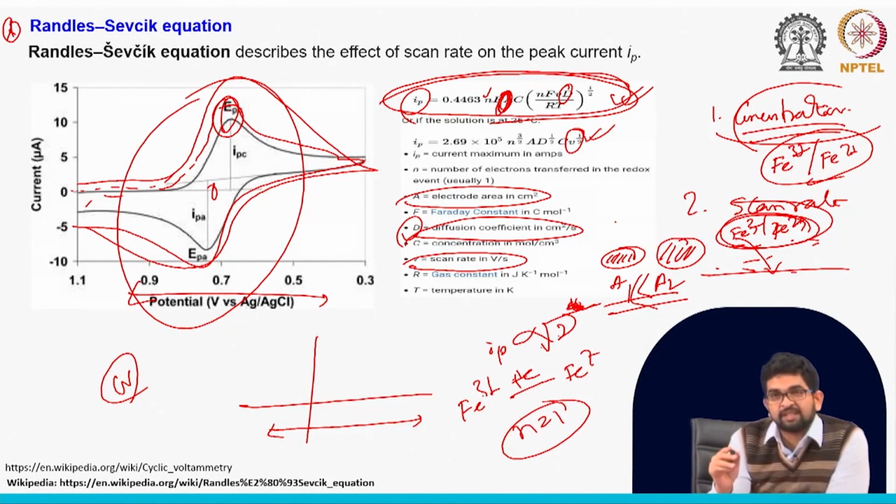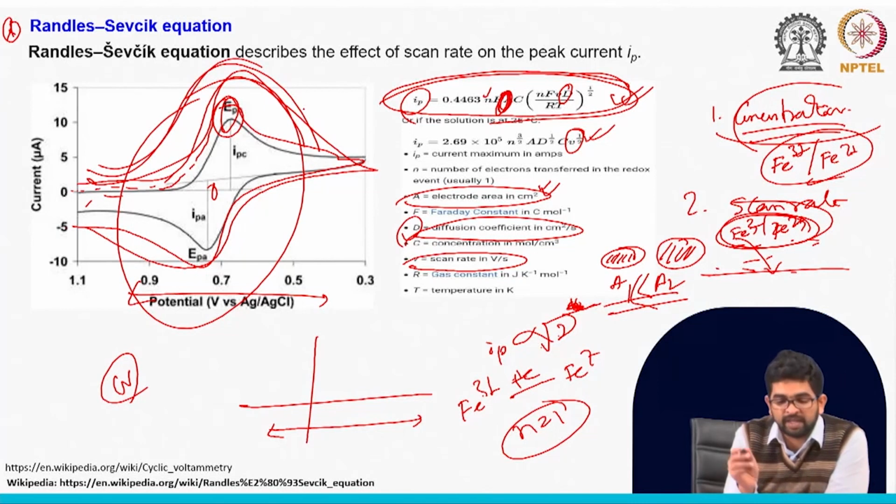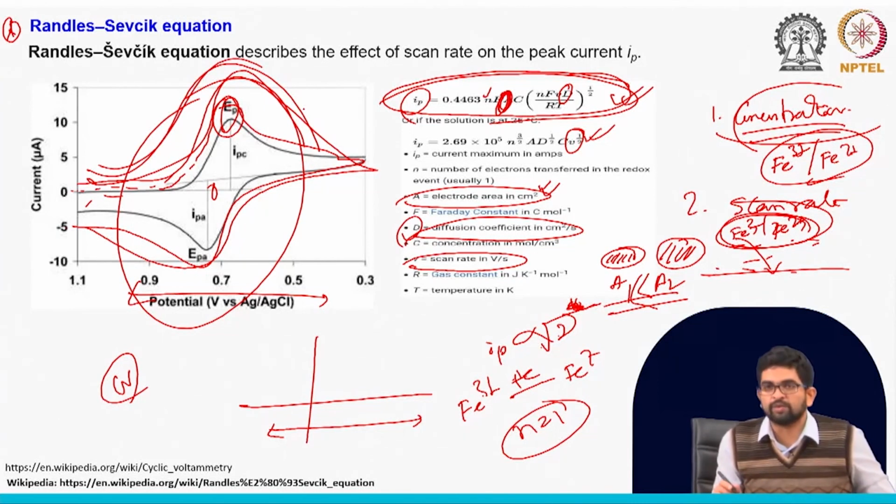If you fix the same solution, the diffusion coefficient is constant, and if you fix the area of the working electrode, then the area is also constant, but if you increase the scan rate, then you will get higher and higher current, right. This is one important piece of information for you when you characterize the biosensor surface. So you can try.